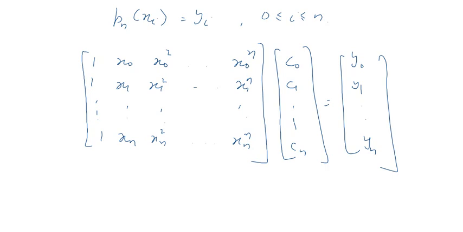Right. So if x0, x1 and so on up to xn are distinct, then this system has a unique solution, because the coefficient matrix is a non-singular matrix, right?